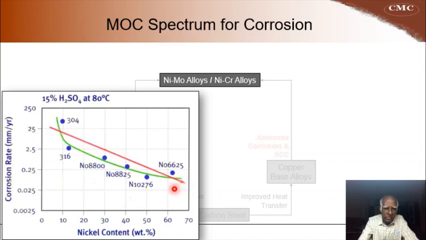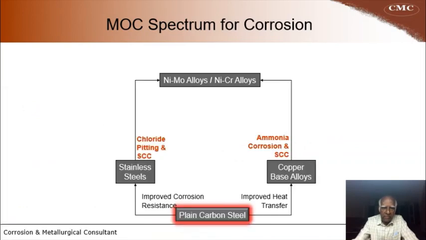So this shows the standard materials like 304 stainless steel, 316 stainless steel, nickel-based and nickel-based alloys. This figure corresponds to sulfuric acid, but this is applicable to most of the environments. So using this, the next class of materials have been developed.